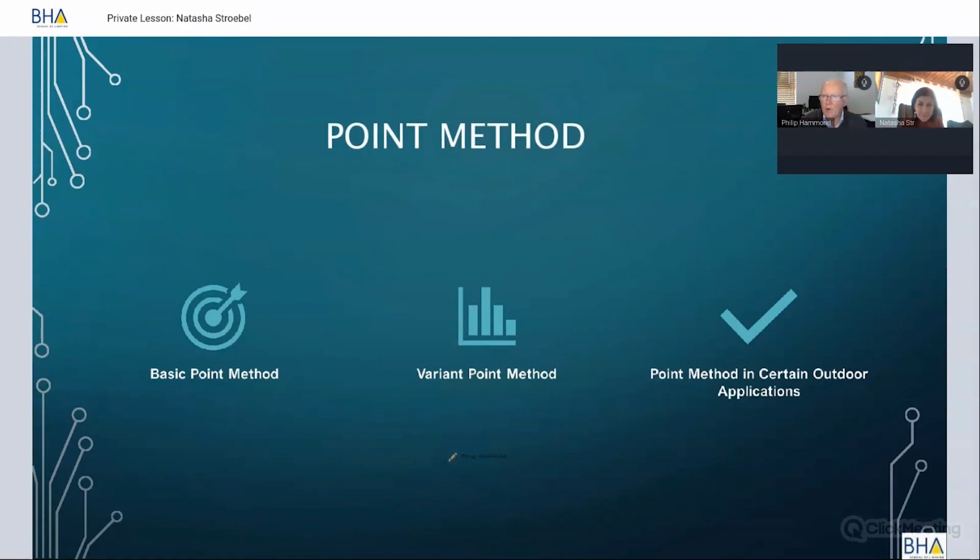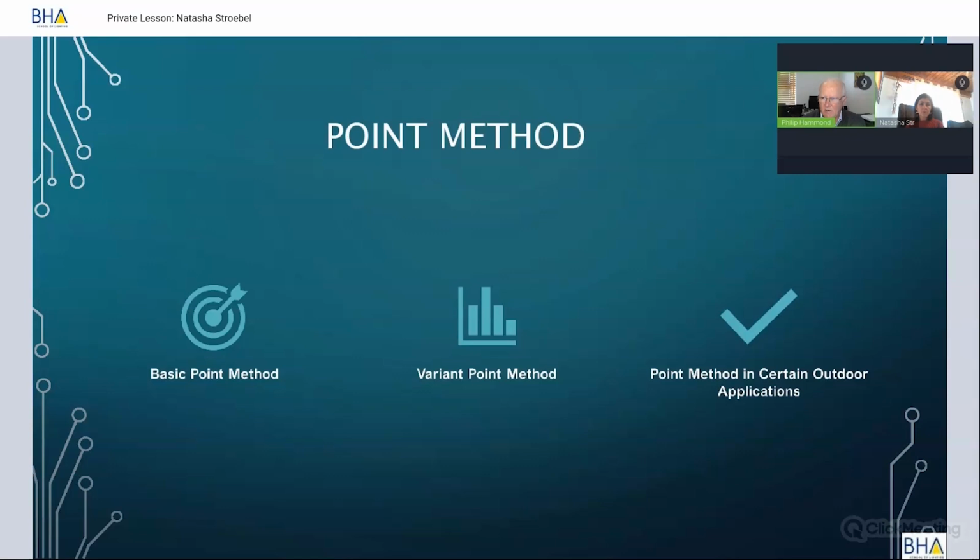We're going to now do the point method. When do you use the point method? You use the point method if you've got a point device, a downlighter, or a fitting used in an exercise in the final set of exercises for module 7, which is an exterior exercise, and we're going to deal with that shortly.